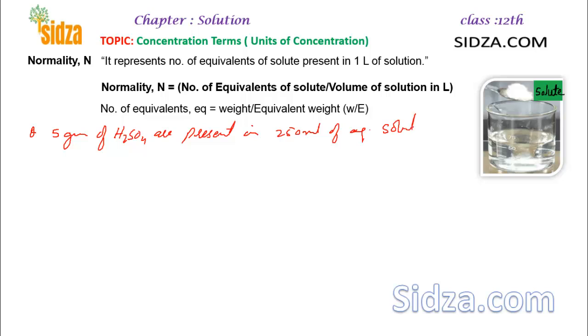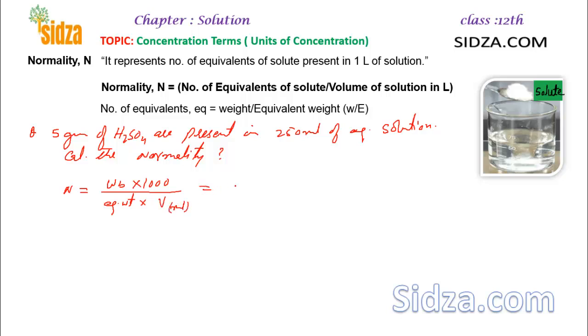We're going to calculate the normality of the solution. So what will be its normality? I'm going to write the equation. Normality will be equal to the weight of solute times 1000 divided by the equivalent weight of solute times the volume of solution in mLs.